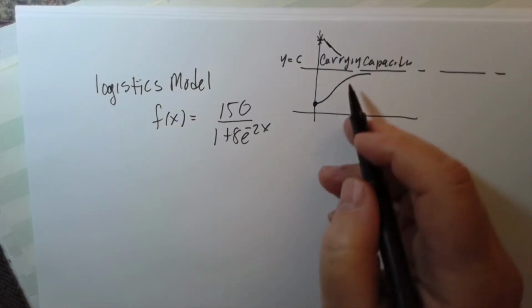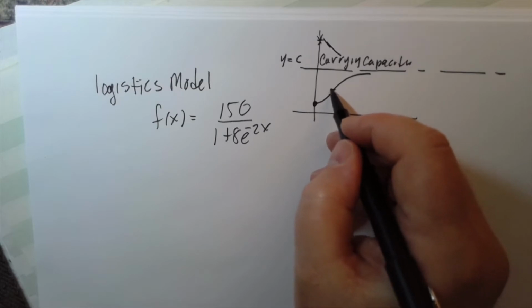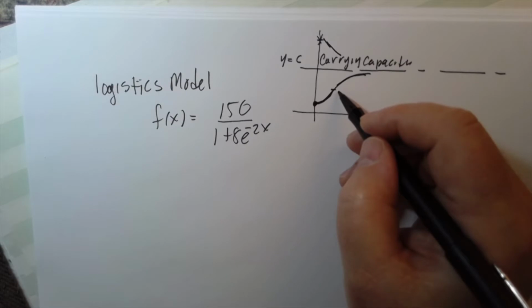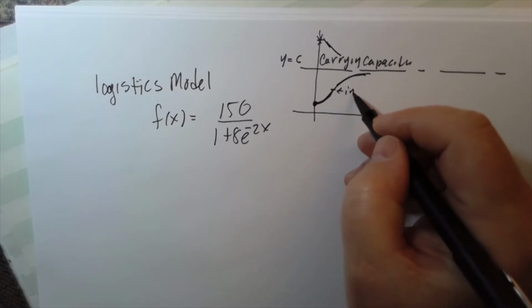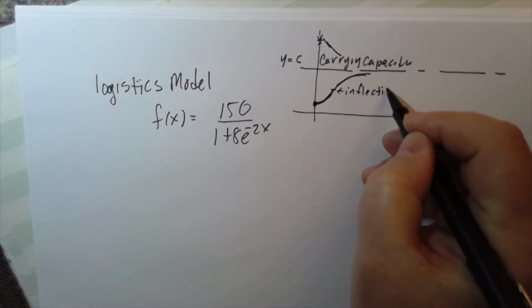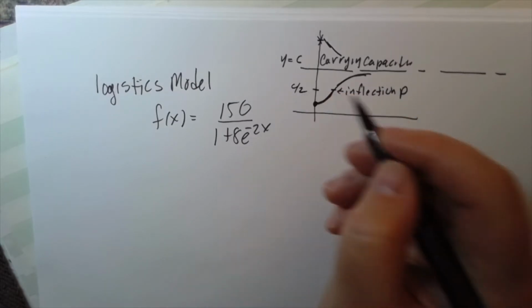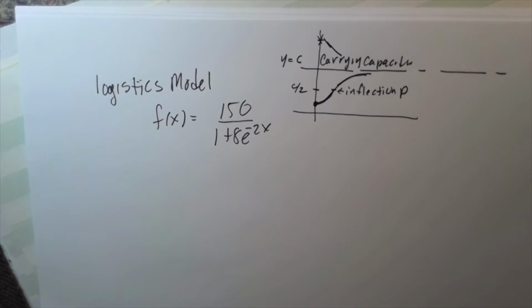But anything below is going to grow. And the spot here where it changes from turning up to turning down, that's called an inflection point. That occurs at c over 2, halfway in that spot.